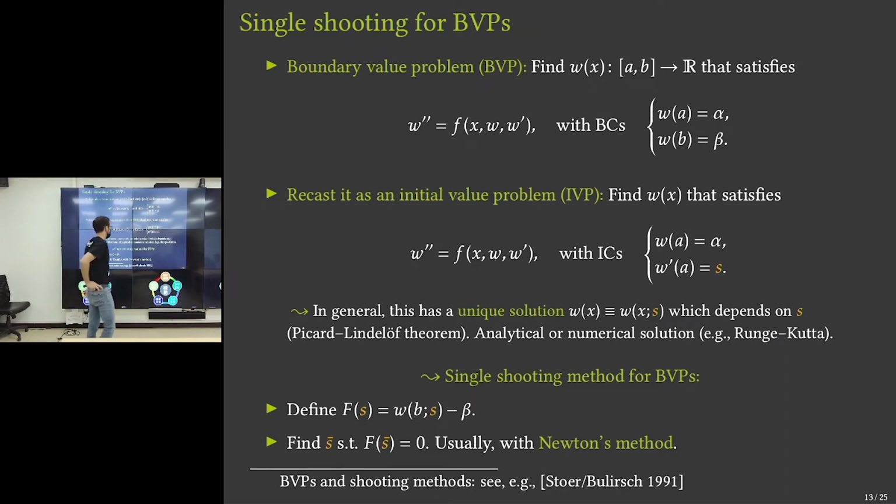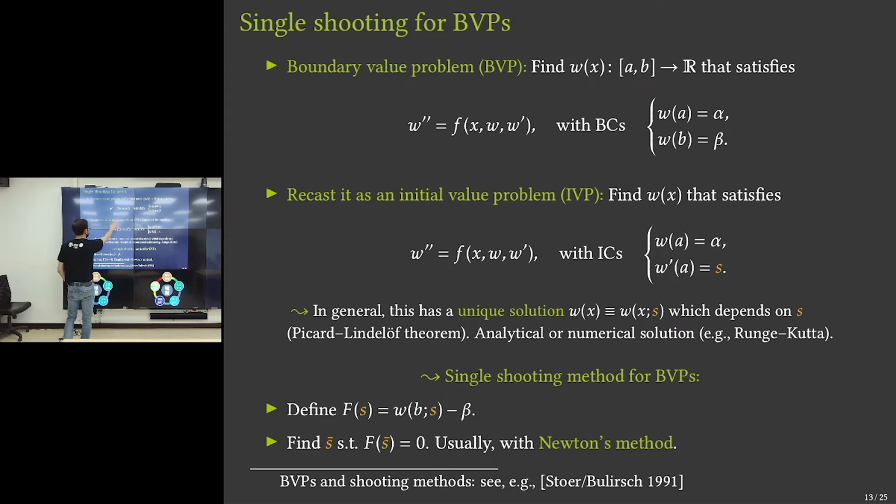Some of the most classical are Runge-Kutta methods, classical and powerful methods for solving this kind of problems. But this we will not need, because we have the analytical solution for the geodesic. So Runge-Kutta is just for problems that do not have the analytical solution.